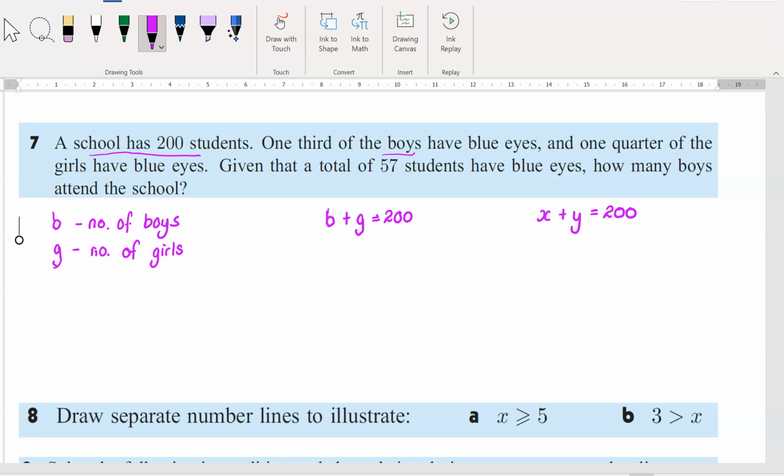Now we look at this: 1/3 of the boys have blue eyes. And 1/4 of the girls also have blue eyes.